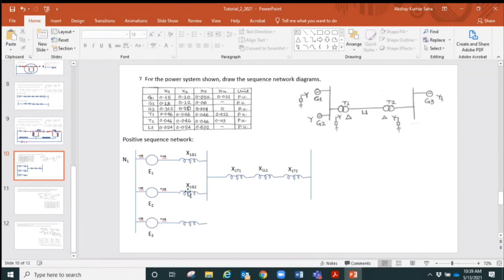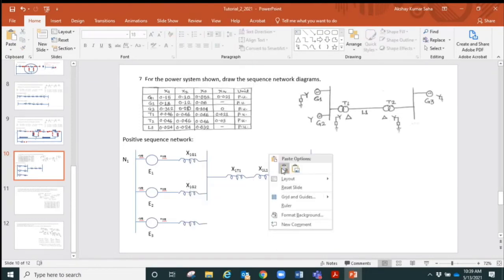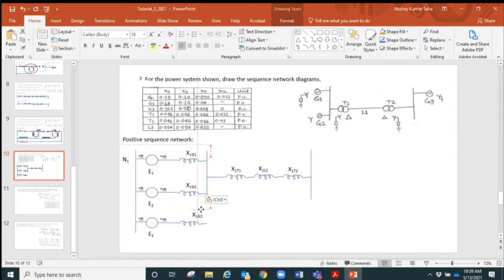So this is the third generator connected to the neutral bus, and its voltage source is shown as E3, and then we show the polarity of that voltage source, and then we show the positive sequence reactance X1 of G3. So we got that transformer, and that is actually connected to this bus bar. So we can connect that to the bus bar.